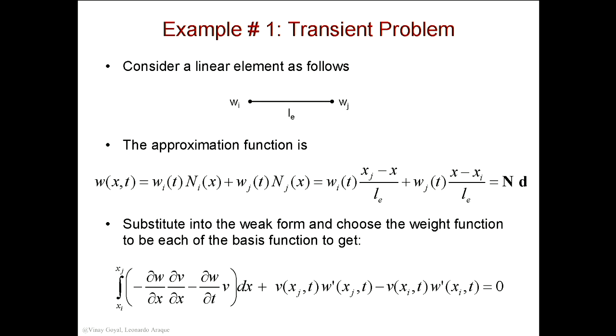So d is a function of time, N is not a function of time. That's where the separation of variables is occurring, right in that step. We've just taken w(x,t) and broken it into two parts: one that tracks time at the nodal values, and N, your shape functions, which are not a function of time. They're just a function of x. Okay, is that clear?